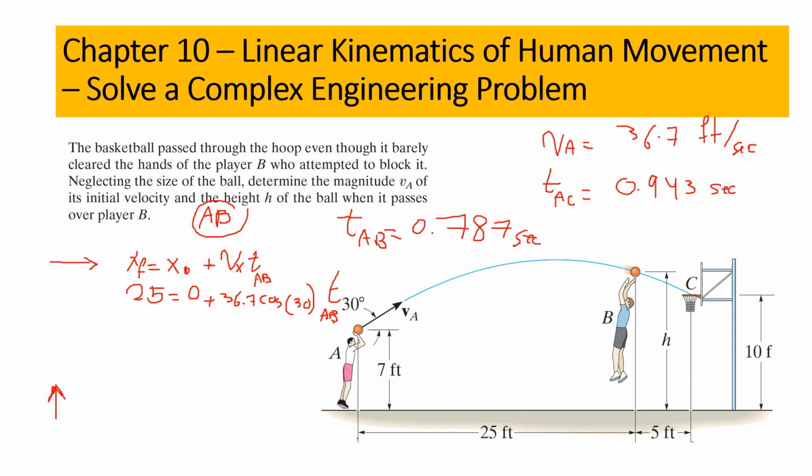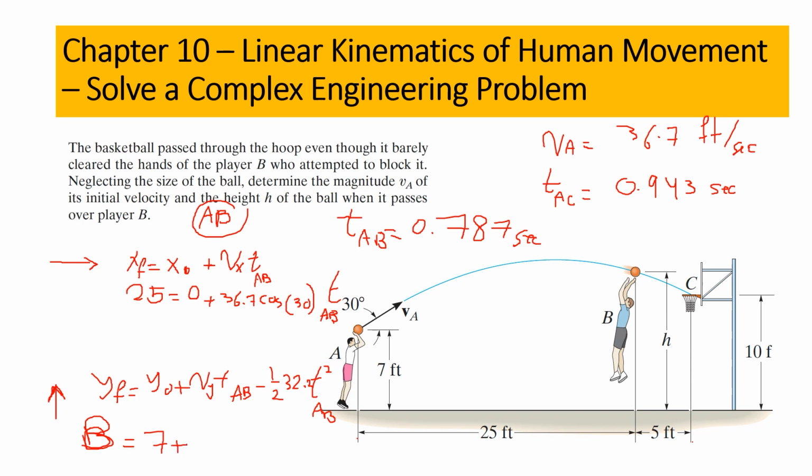Same thing. Y final equals Y initial plus Vy TAB minus half 32.2 TAB square. Now, Y final is B, right? Because I don't know that value, correct? Y initial is 7. I know Vy because it is going to be VA multiplied by sine 30.